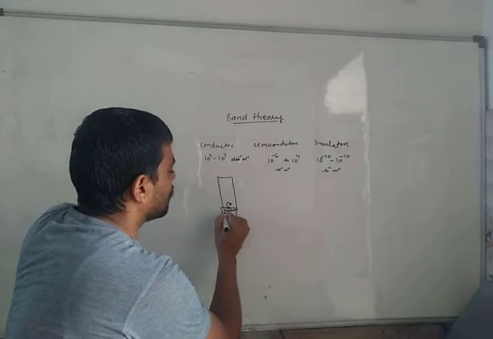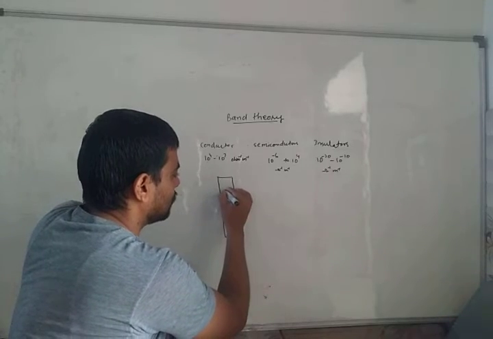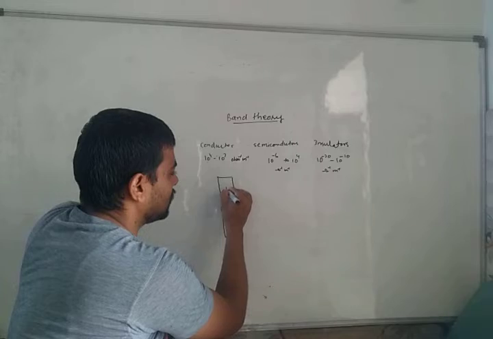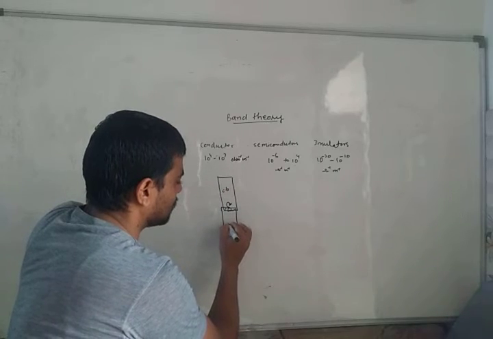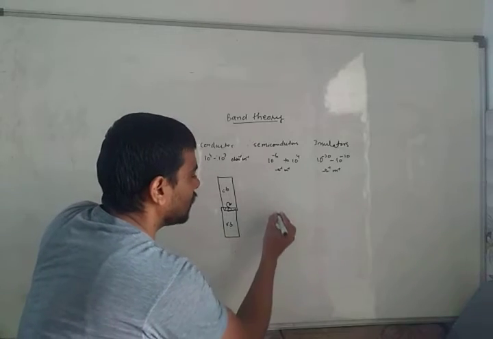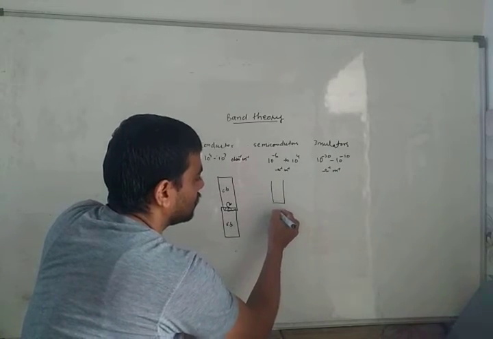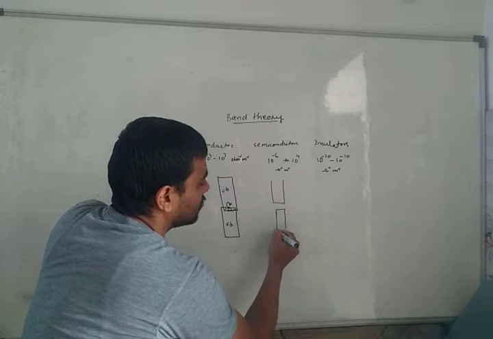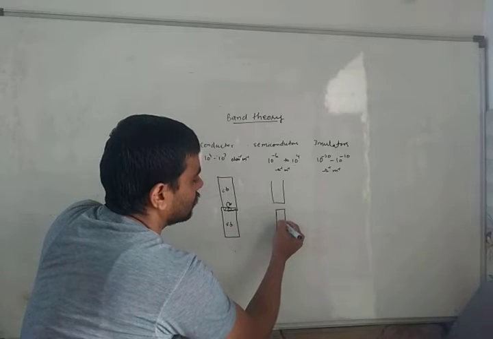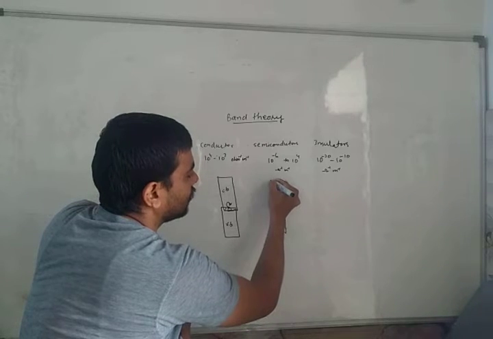There is a superimposition between the bands. This one is CB, the conduction band, and this one is VB, the valence band. In case of a semiconductor, the gap is small. It means on providing energy, electrons may excite from the valence band to the conduction band.